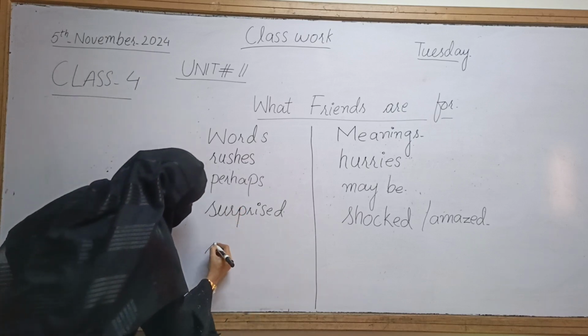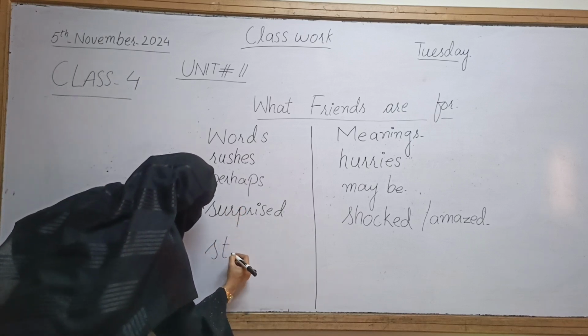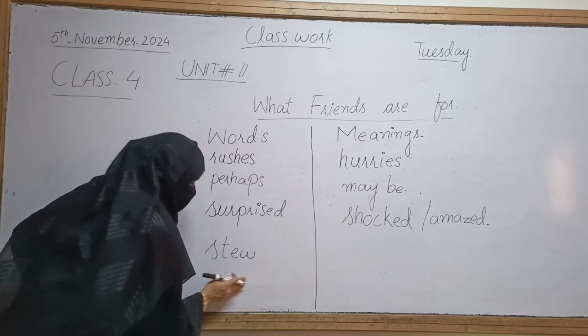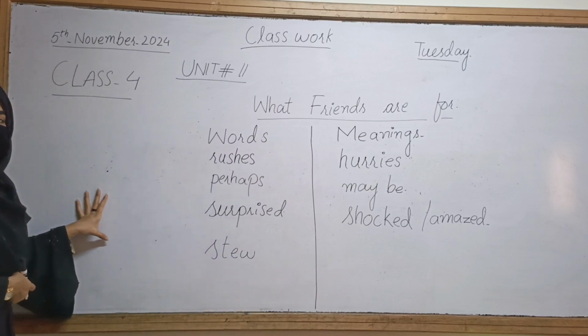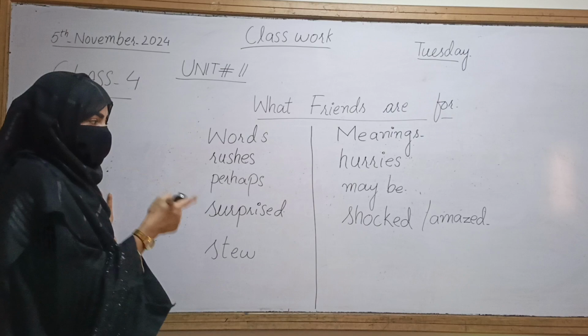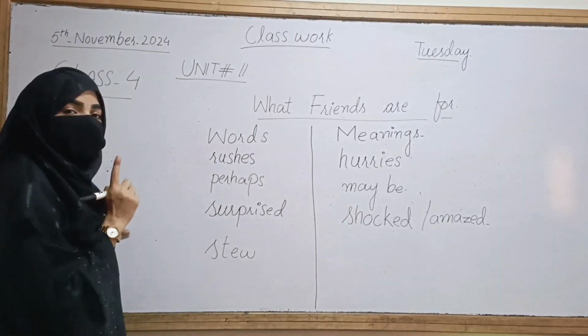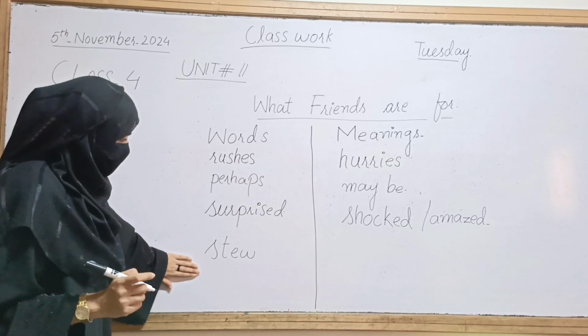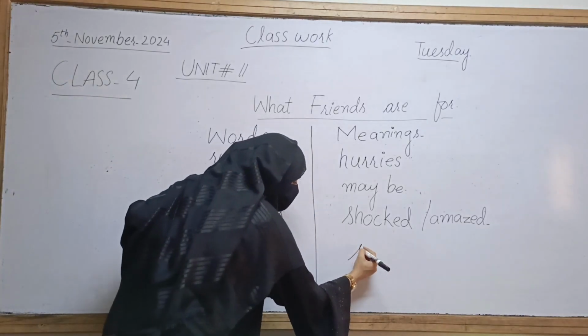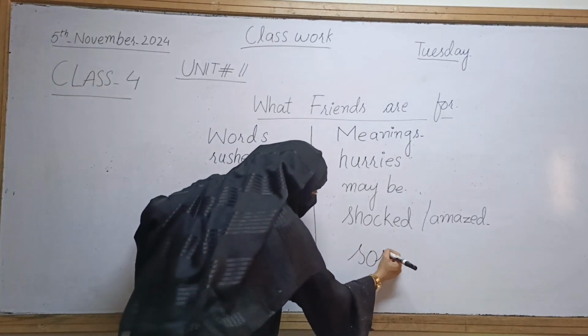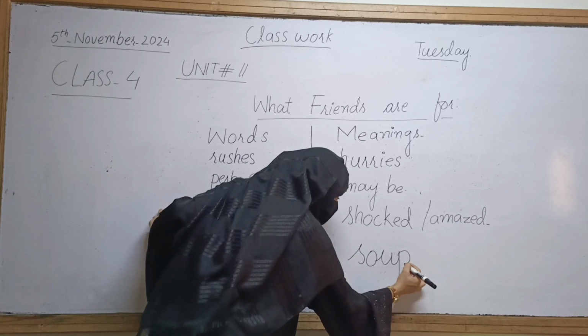Next we have the word is stew. Do you all remember from where this word came? This word came from that line, chicken stew. Nasir's mother cooked that chicken stew for Salim and Salim's mother. So what does that mean? Soup. I have told you last day what does soup mean?